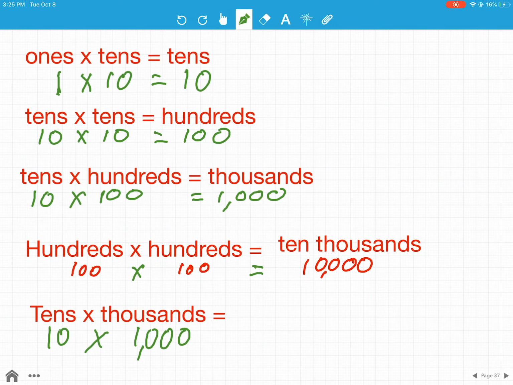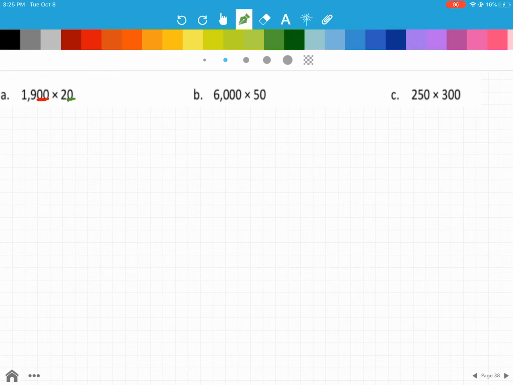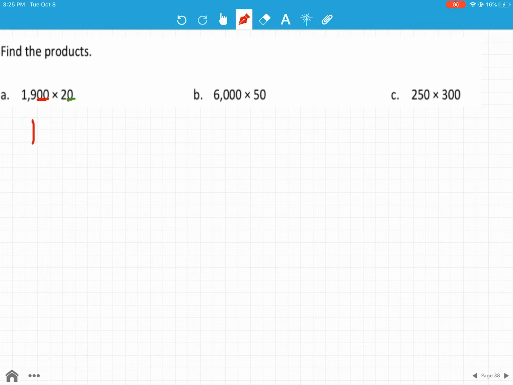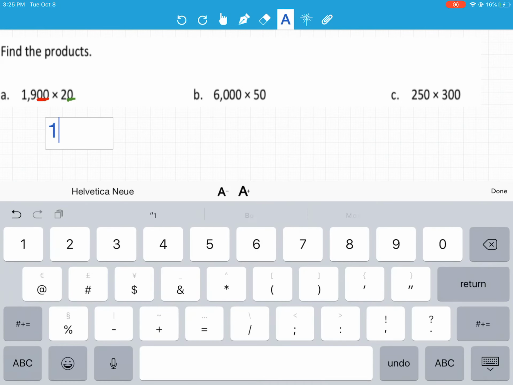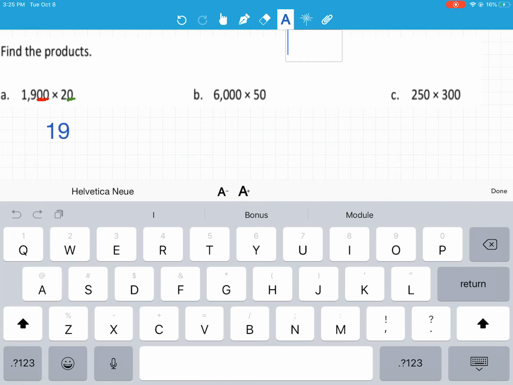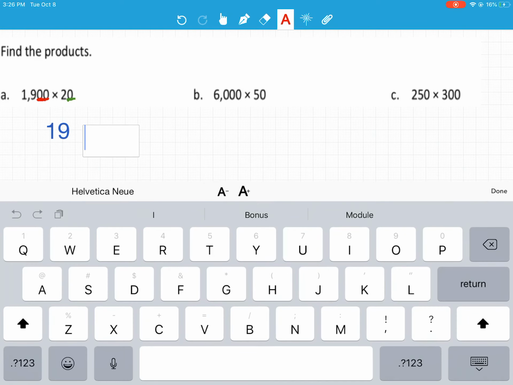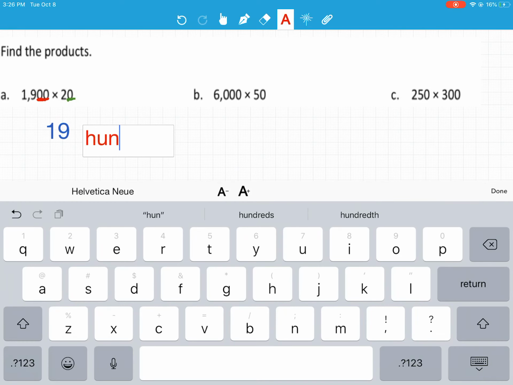Alright, so let's get to some problems. These problems here, we see that there is red 19. Let me get that right. We have 19. And since there are 2 zeros, that would be hundreds.